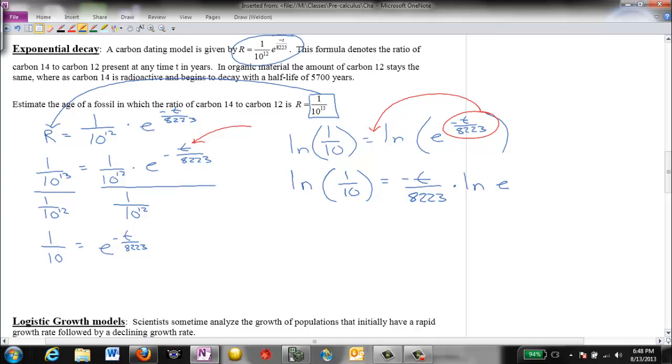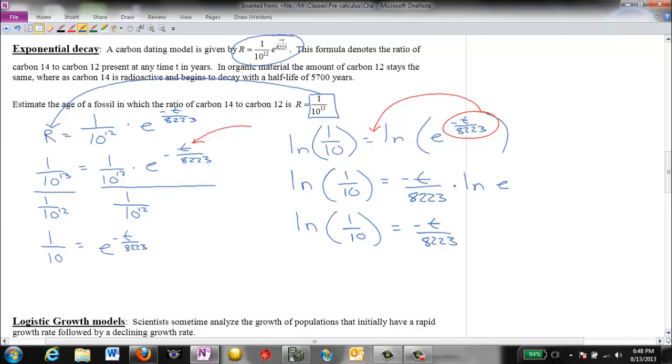And we've seen this so many times, but you should know that the natural log of e is 1. Okay, so we're just left with the natural log of 1 over 10 equals negative t over 8,223, and the natural log of e just drops out because it's simply 1.